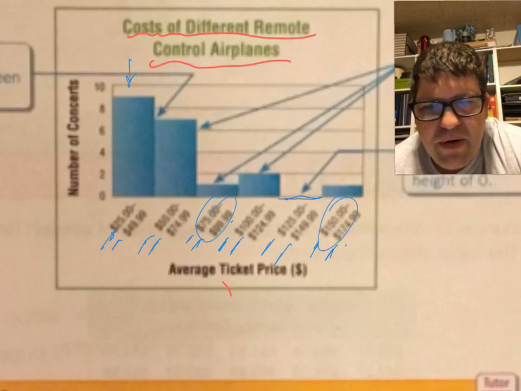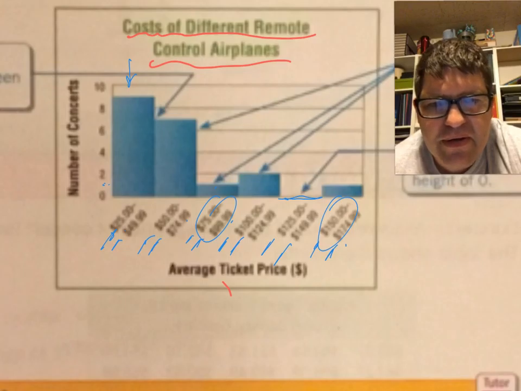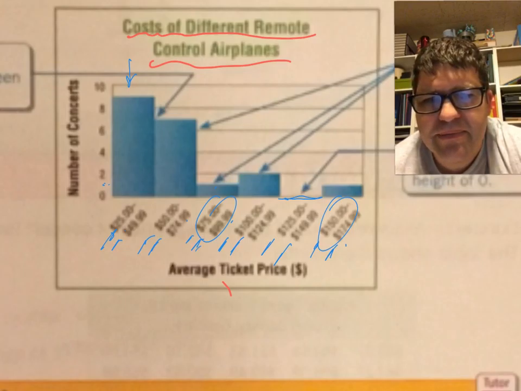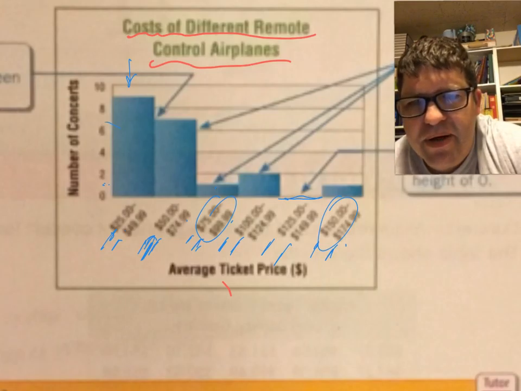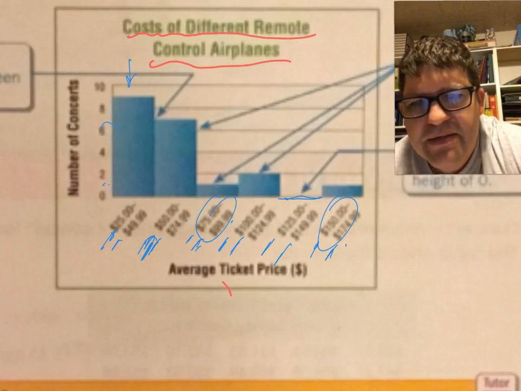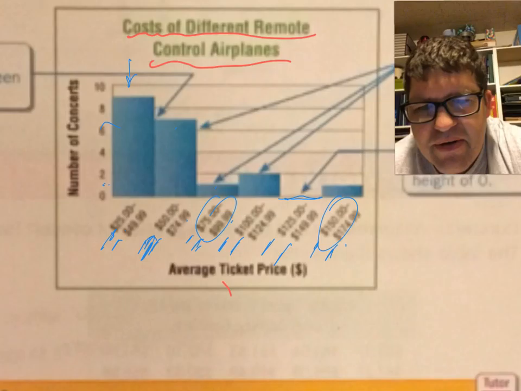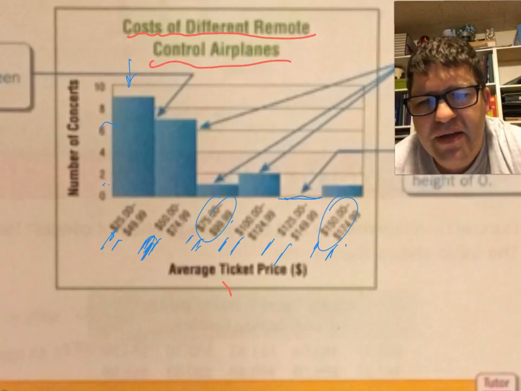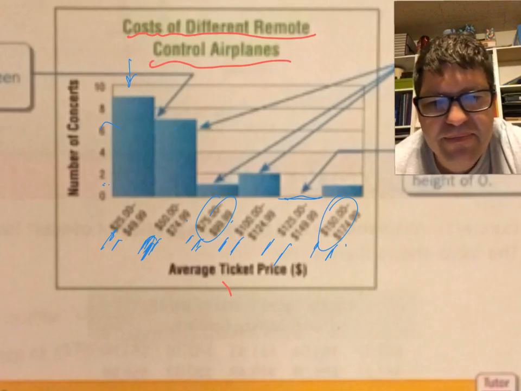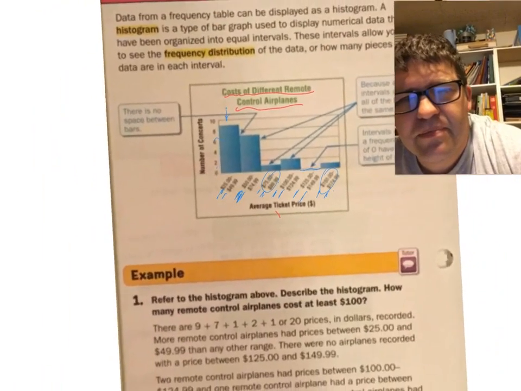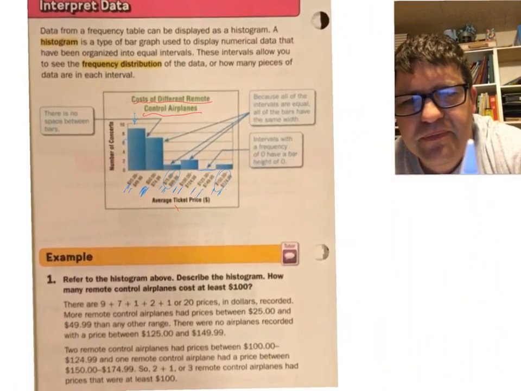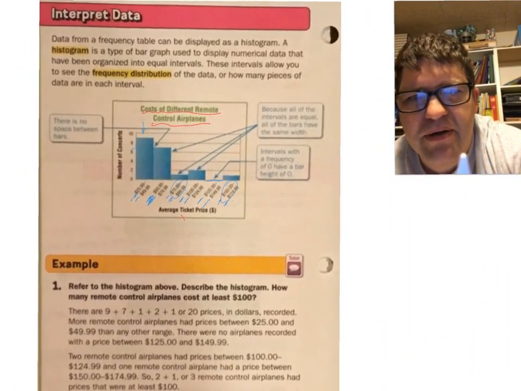Looks like about 1. It's between the 0 and 2. So there's 1 there. And there's quite a few here. Looks like probably about, let's see, that's 6, 7. I would say 7 that are between $50 and $74.99. Okay, so let's pull this back out here, and we can interpret all that data.